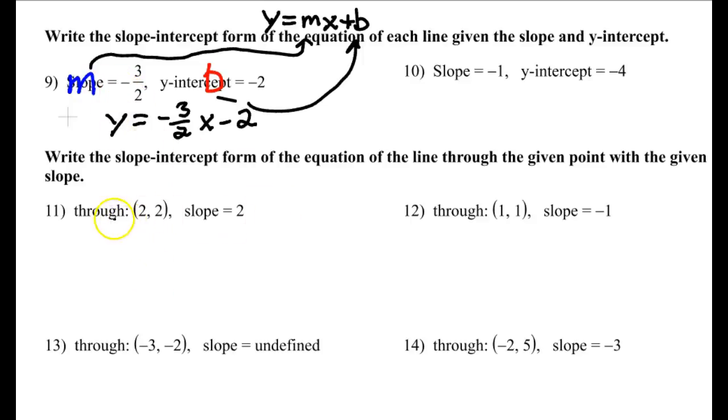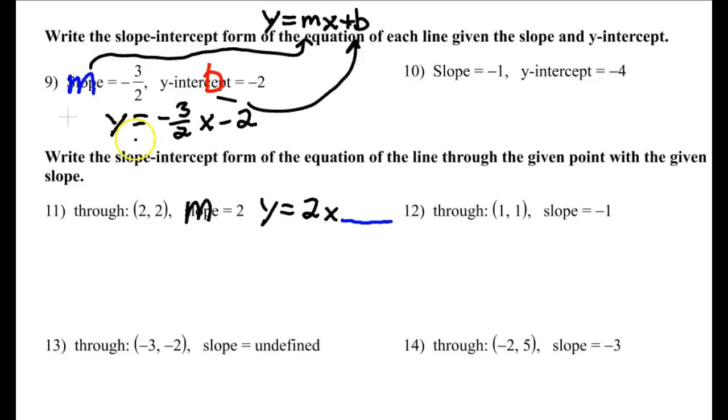So here, you can see they do give you the slope. Slope is 2, so you know it's going to be y equals 2x, but they do not tell you what the y-intercept is.